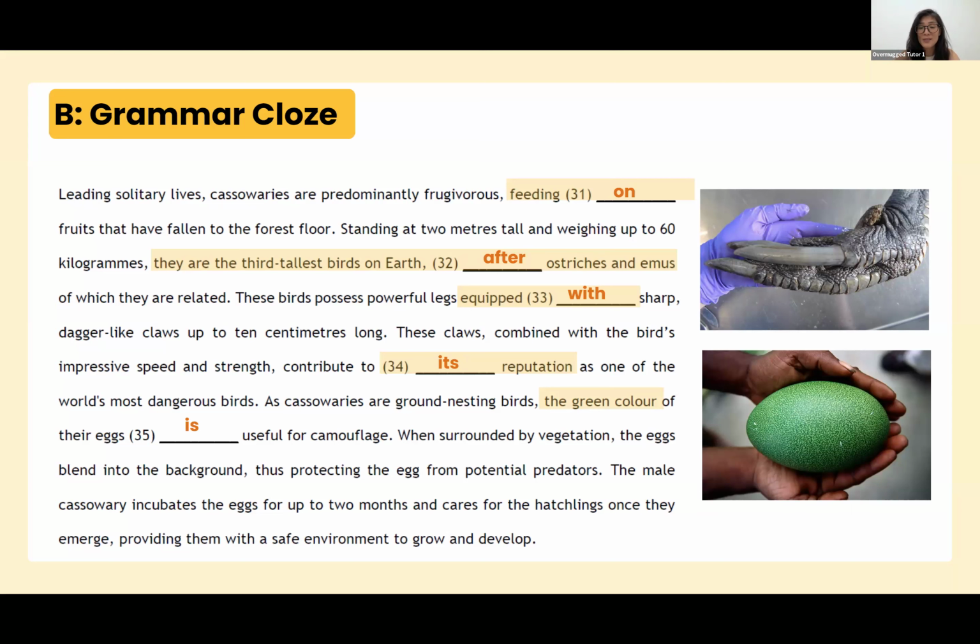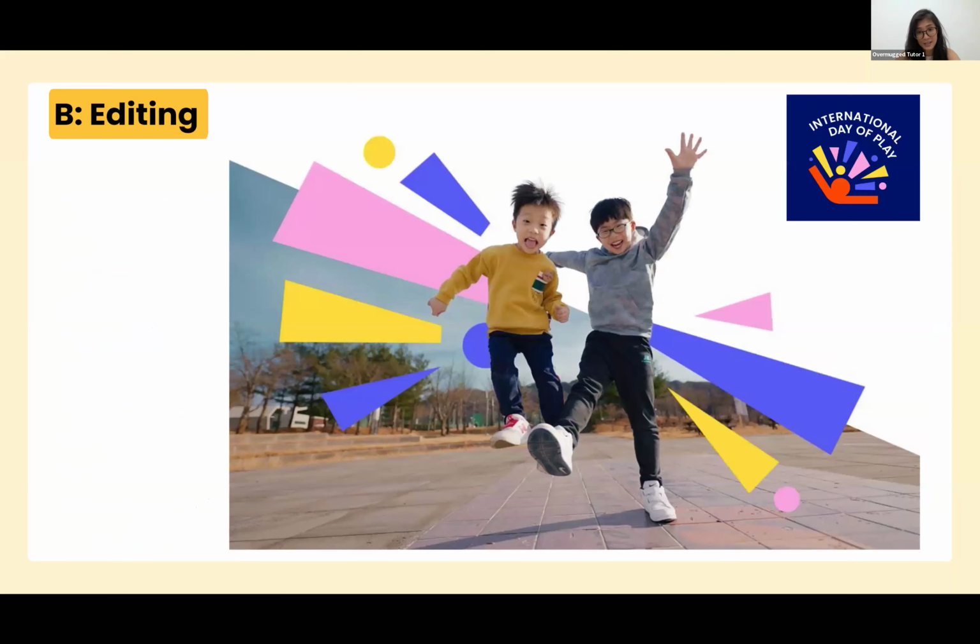Let's move on to the next segment, which is the editing. So editing is talking about an International Day of Play. And it's really interesting because it's officially a day where you could say that you want to just relax, put away your books, go out under the sun, spend some time exercising, and it would be appropriate.